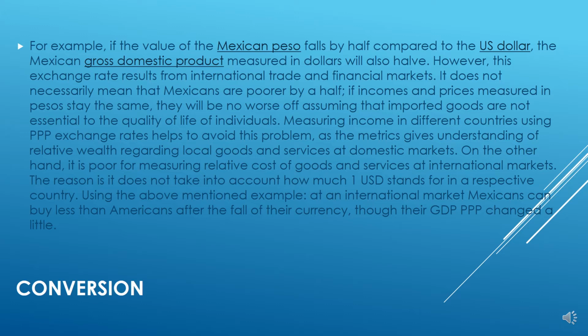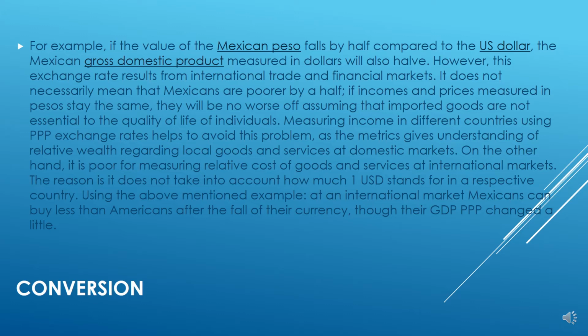Measuring income in different countries using PPP, or purchasing power parity, exchange rates helps to avoid this problem. Why? Because the metric gives an understanding of relative wealth regarding local goods and services at domestic markets. On the other hand, it is poor for measuring relative costs of goods and services at international markets.